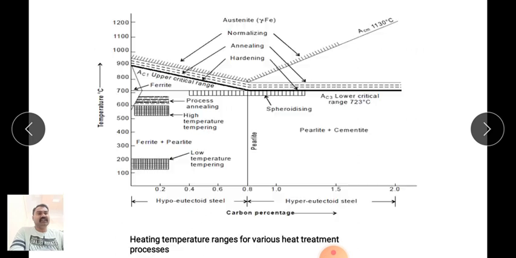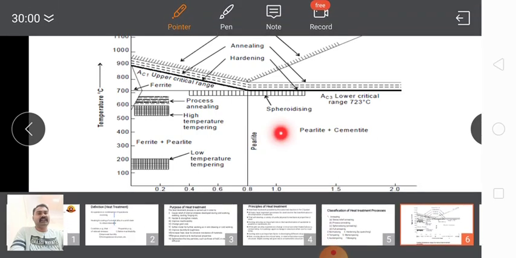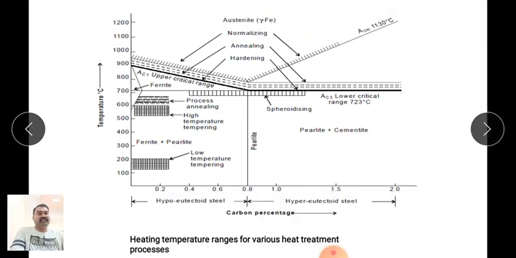There is one diagram which can give you a brief introduction of the complete heat treatment process. It is the same diagram that we studied in the iron carbon equilibrium diagram, but here we can observe only up to 723 degrees Celsius.